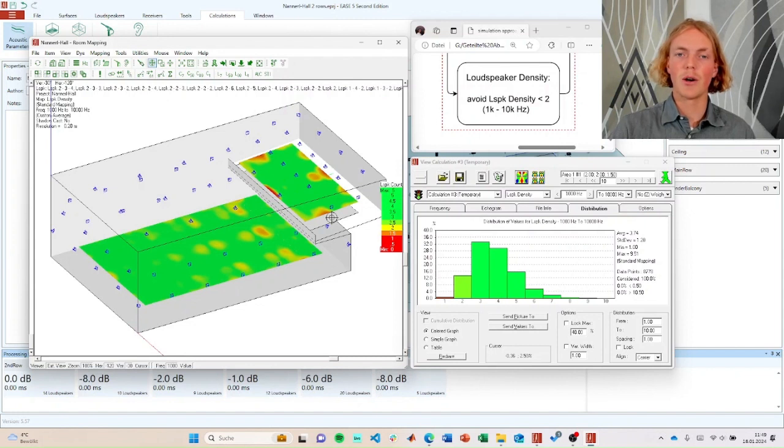So I hope this tutorial series could help you to understand how we think to design an active acoustic system, and how we think it is possible to evaluate the planning by help of EASE-5 simulations.